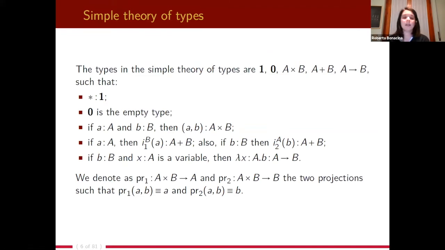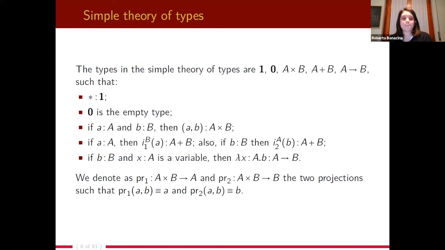Then we have the product type, whose terms are the pairs. For example, the terms of the product type A times B are the pairs of terms of type A and terms of type B.